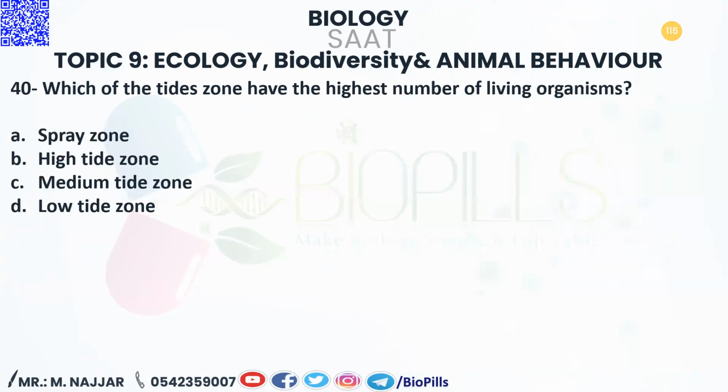Question number 40, as I just mentioned. Which of the tide zones has the highest number of living organisms? It's submerged by the water, so most likely it has the highest number of living organisms. A, spray zone, B, high tide zone, C, medium tide zone, D, low tide zone. It is exactly the low tide zone.